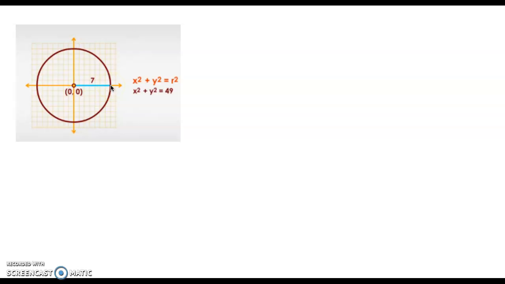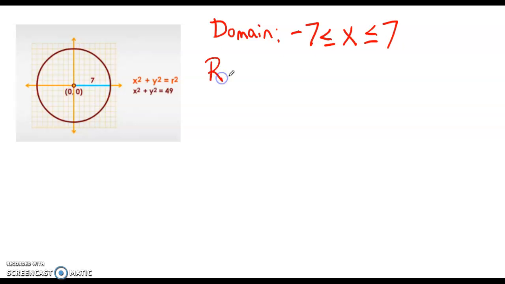So my domain is negative 7 to 7. So my x is going to be greater than or equal to negative 7, but less than or equal to 7. Same thing for my range.